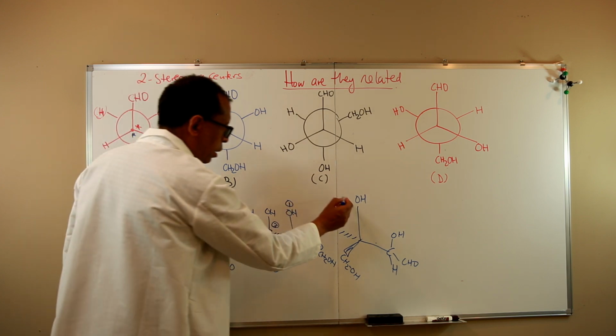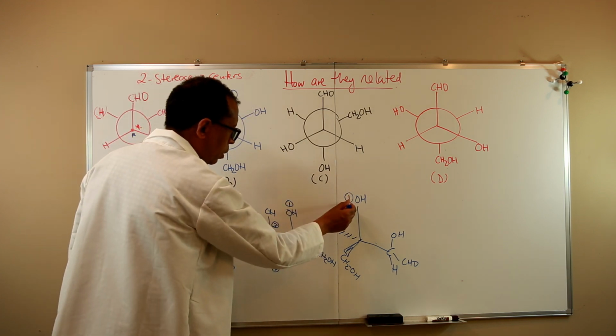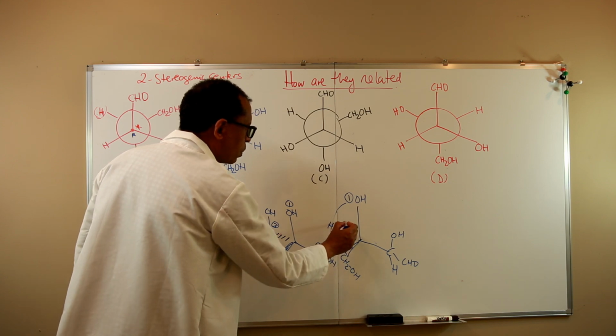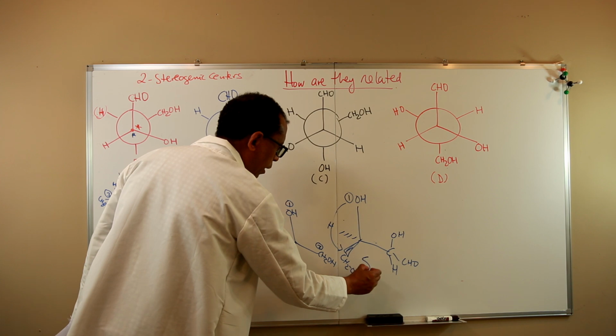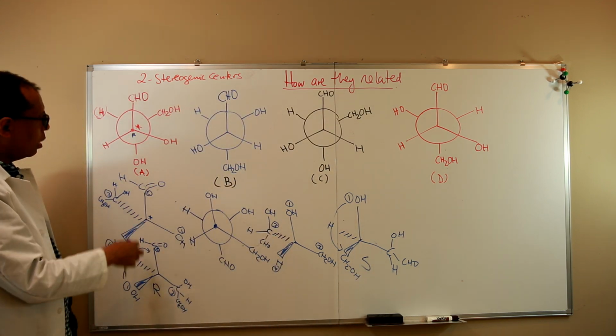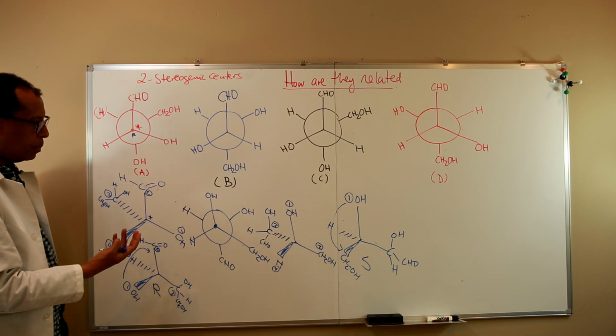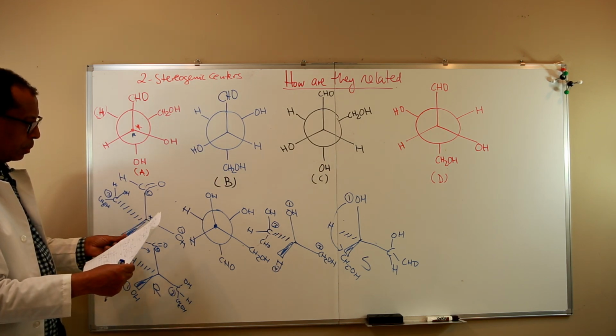Now, priority 1 is here, priority 2 is here, it's going counterclockwise, so this is S. So the back is S, the front is R. So it is RS.